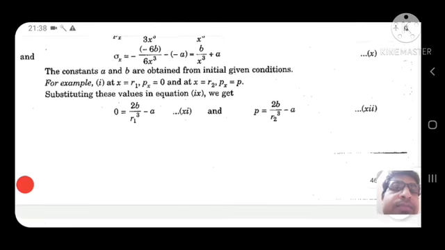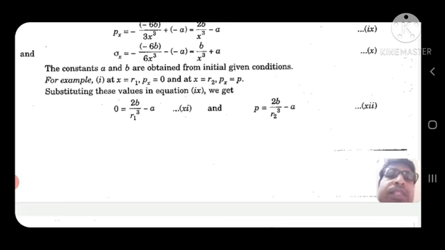Sigma x equal to minus 6b by x cube minus a, that is b by x cube plus a. The constants a and b are obtained from the initial given conditions.